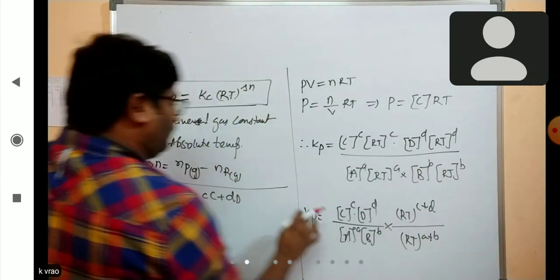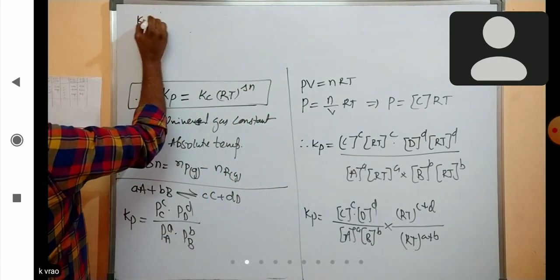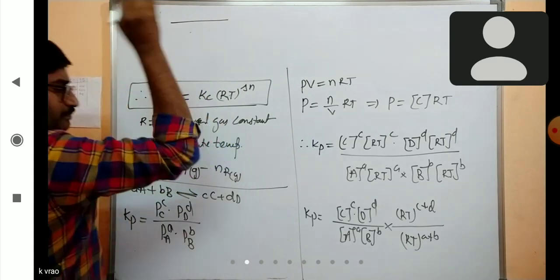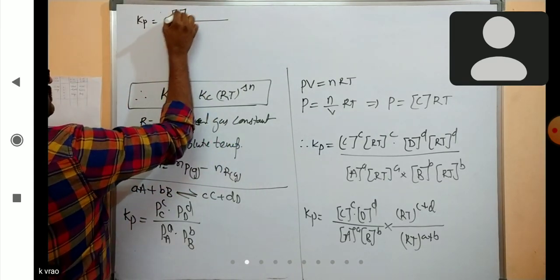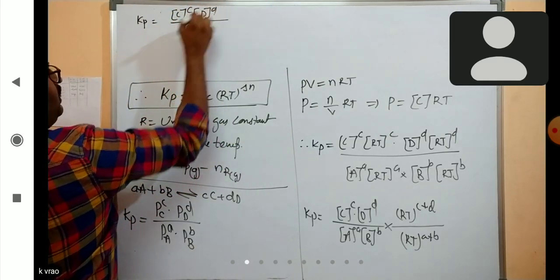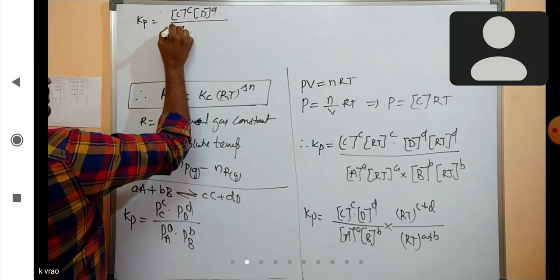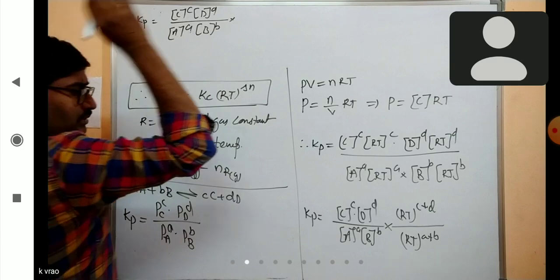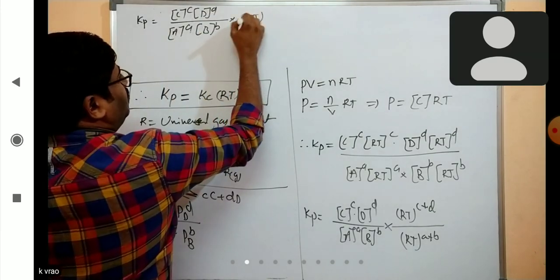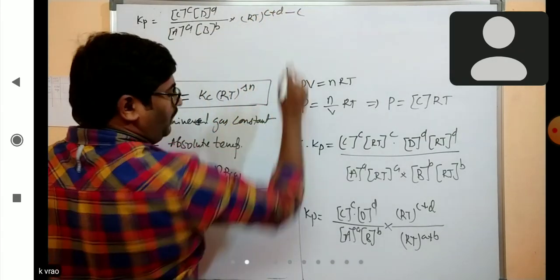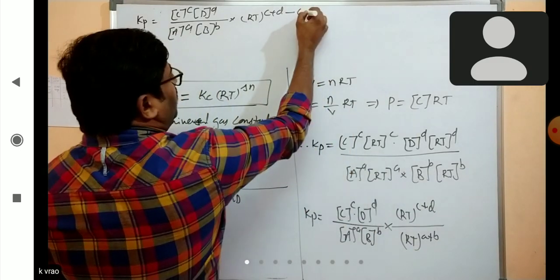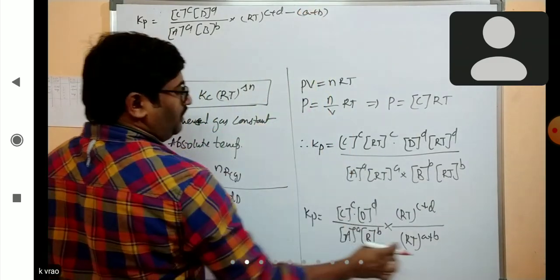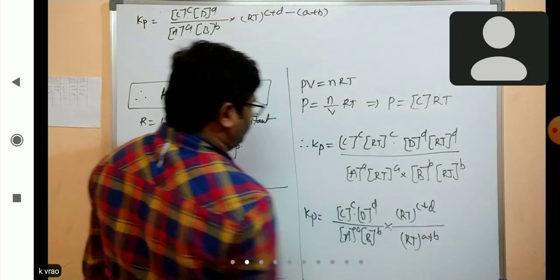Now Kp is equal to concentration of C power c into D power d by A power a into B power b, into RT power c plus d minus a plus b, because this a plus b term moves to the minus.